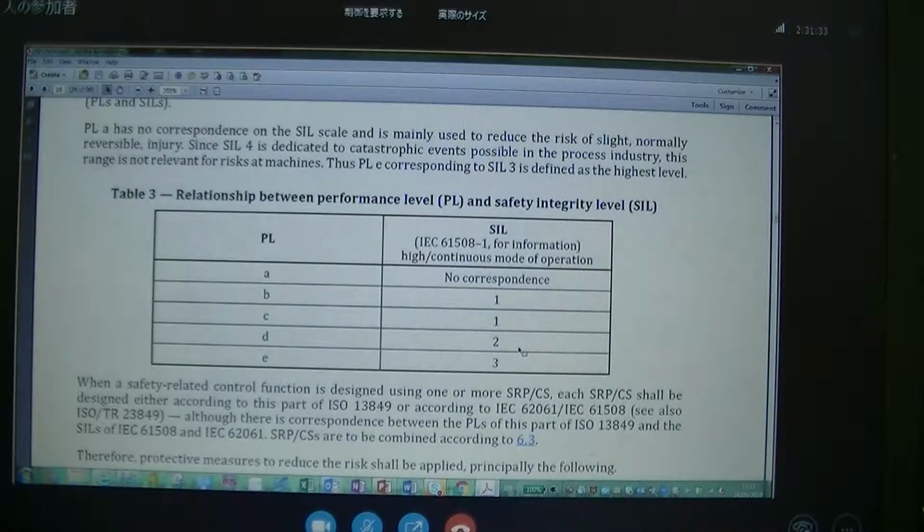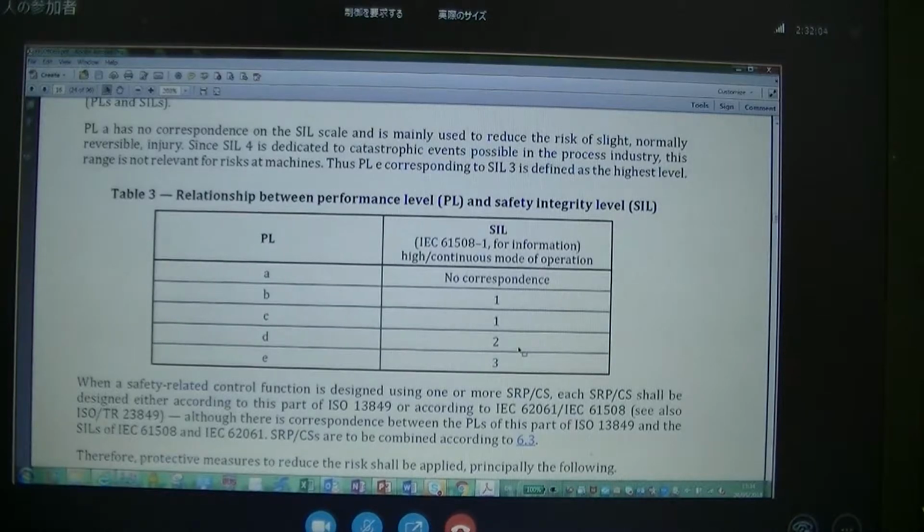But when there's a calculation of performance level E, it is not 100% guaranteed that you will reach SIL 3. When there's performance level D by calculation, it is not guaranteed that you will have SIL 2. For performance level C, you will have SIL 1, but for performance level B, by calculation, it is not guaranteed that you will have SIL 1.